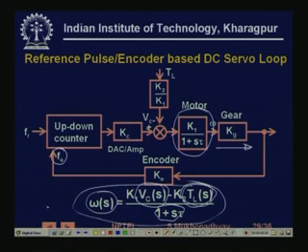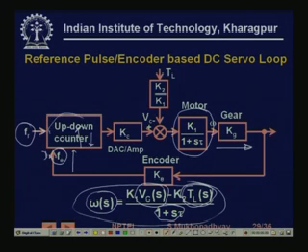So what is happening here is that the reference pulses are coming into this up down counter. Every time a reference pulse comes, this counter is going to go up, and every time the motor moves, it goes to the down terminal, so this counter is going to go down.